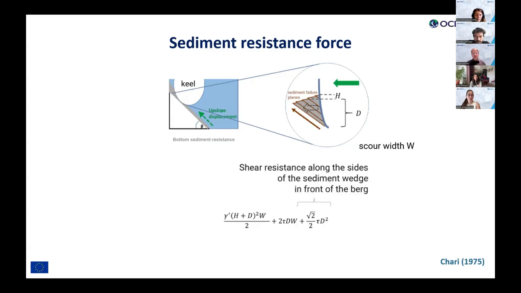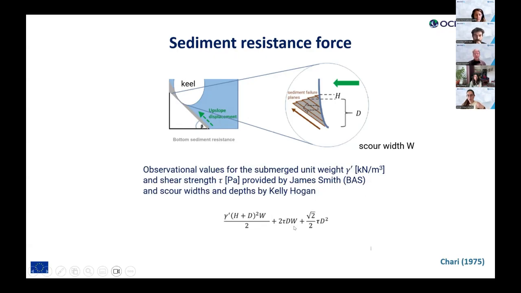In addition, this whole wedge, as it's pushed forward by the iceberg keel, experiences shear resistance along its sides. Each of these different terms has a different proportionality on either the width of the scours or the depth of the scours, the density of the sediment, or its shear resistance.